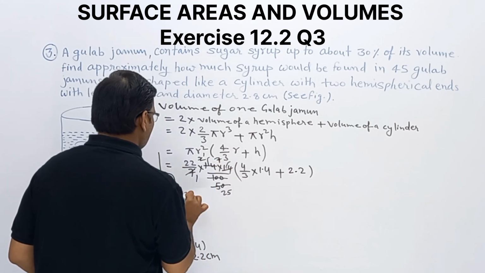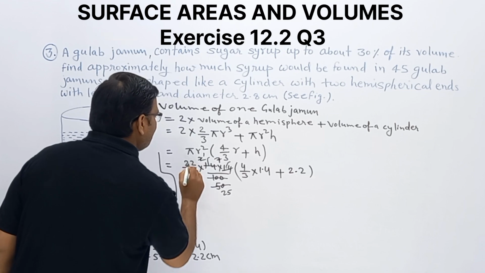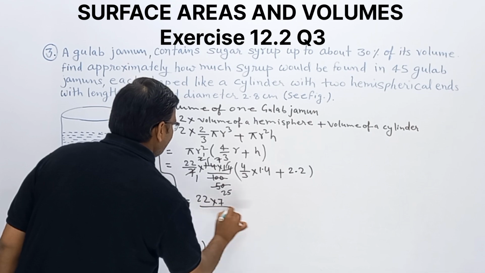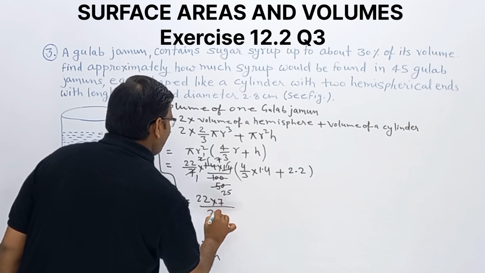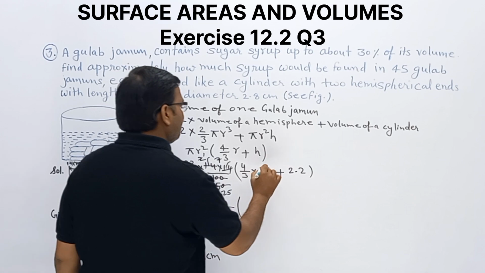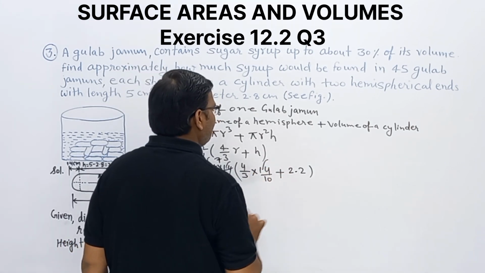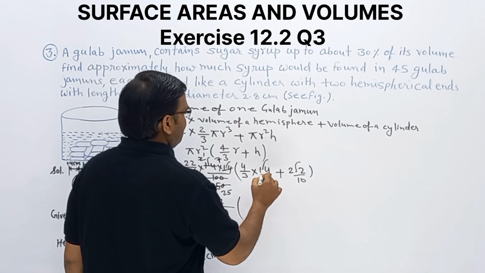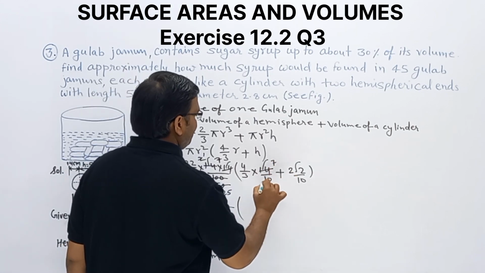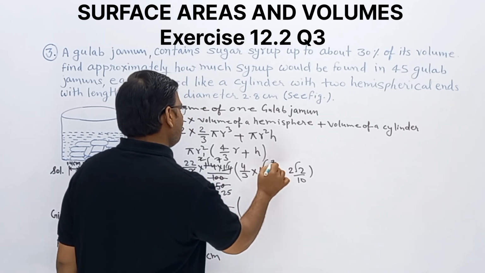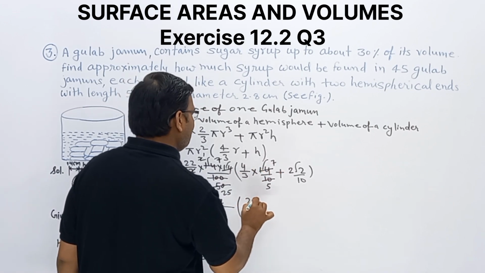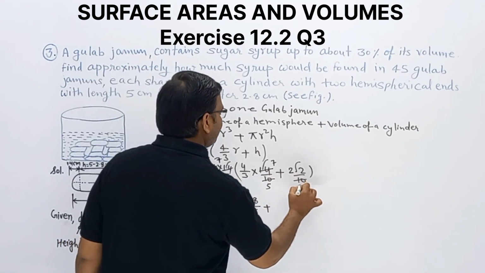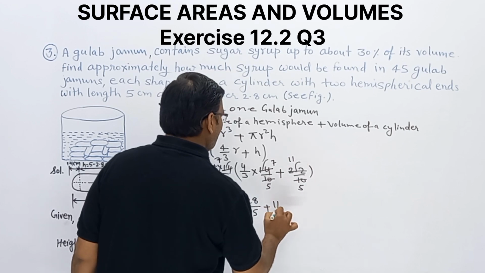So the remaining things are 22 into 7 divided by 25 into, removing the decimal points, in the denominator we get 10 and 10. Solve. 2 sevens are 14, 2 fives are 10, 7 fours are 28 divided by 15. Clear? Plus 5 times and 11 times, 11/5.